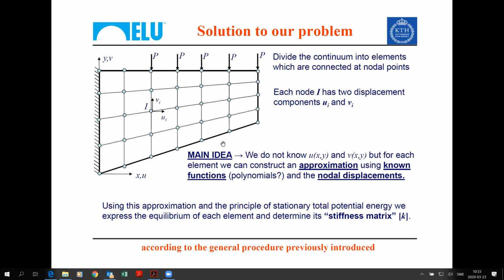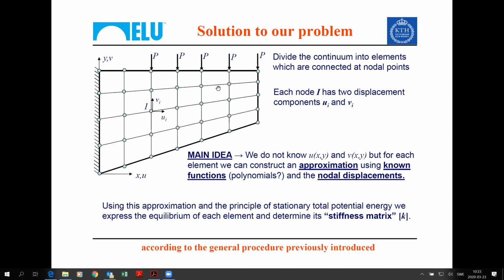Now, the solution to our problem is obvious, given our finite element philosophy. We divide the continuum into elements which are connected at nodal points, just as shown here on the slide.